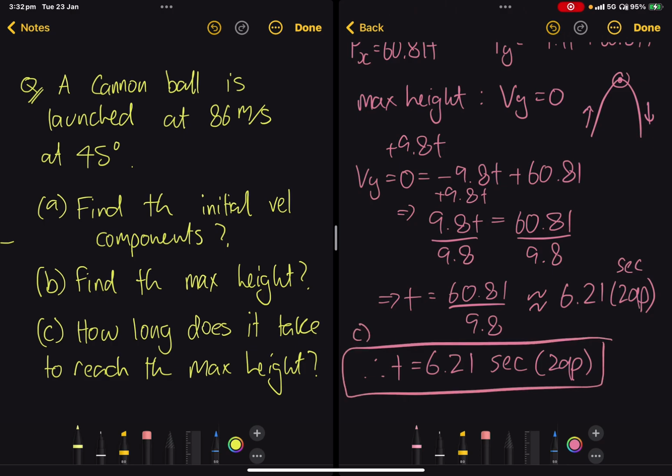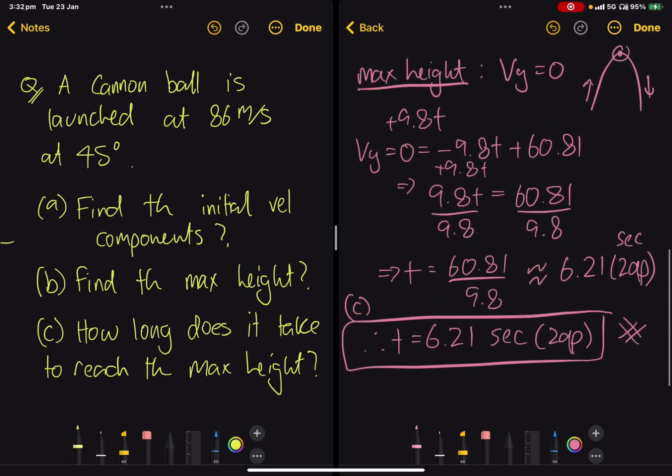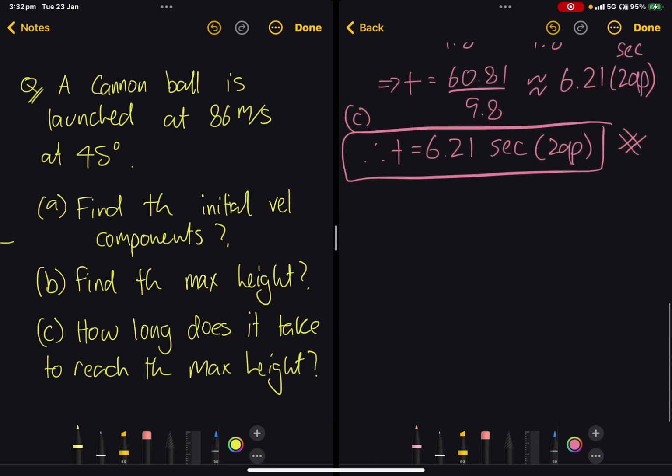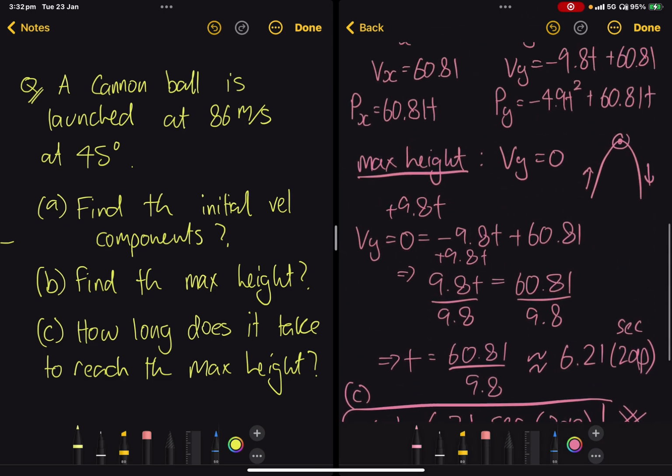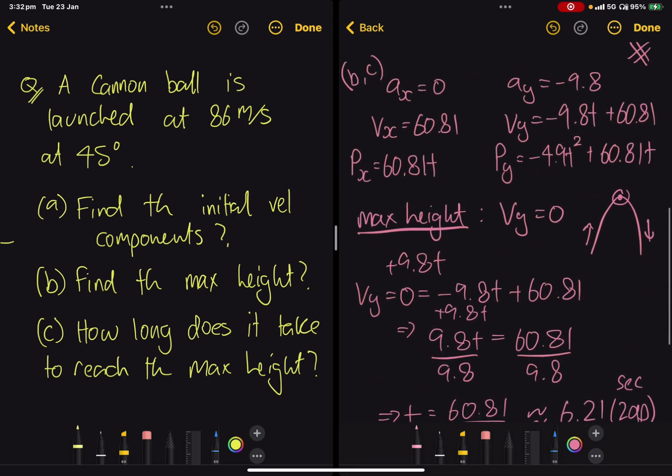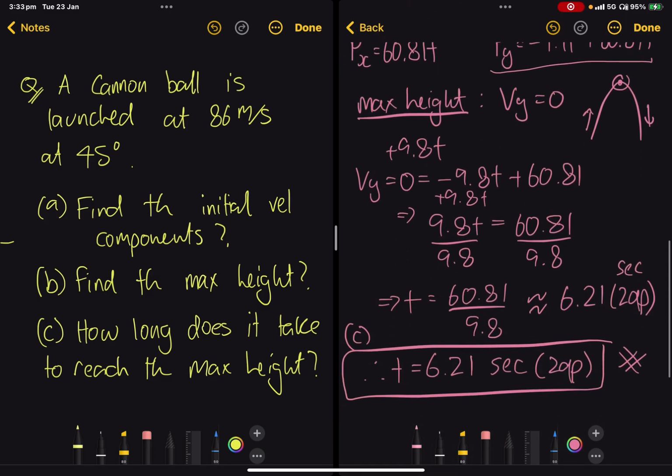So we've actually answered C before we've answered B. This often happens in physics questions because it depends how you go about the question. The way we've done it here, we've found the time at which the max height is reached, then we'll find the max height. So we now know the time at which the max height is reached. We just need to find what the max height is. Well, the max height is the position in y evaluated when time is 6.21 seconds.